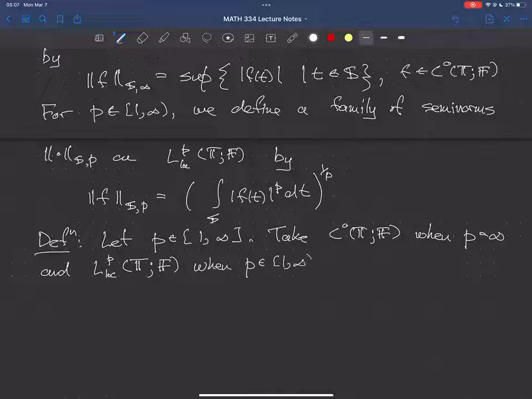I just want to talk about both cases together. So I'm going to be talking about one of these classes of signals, either this one or this one, depending on what p is.